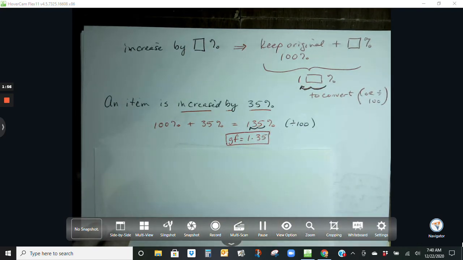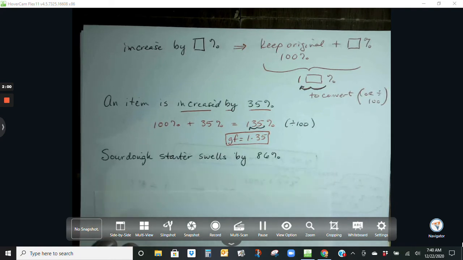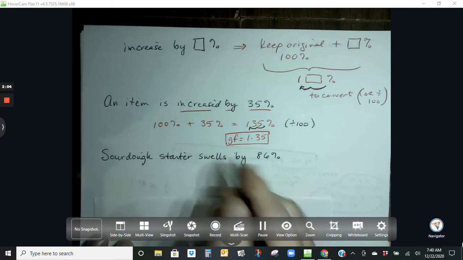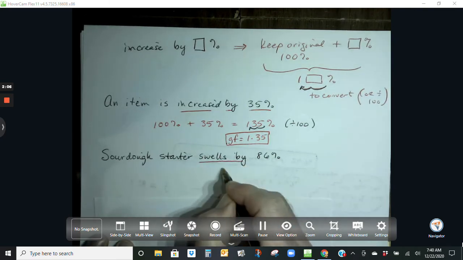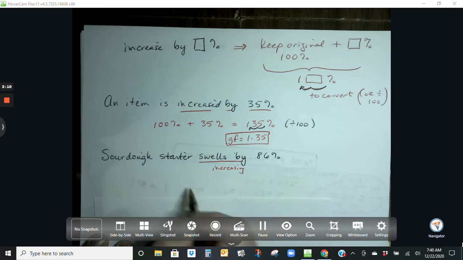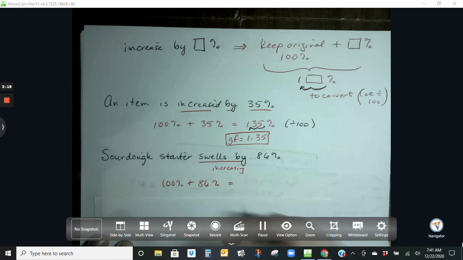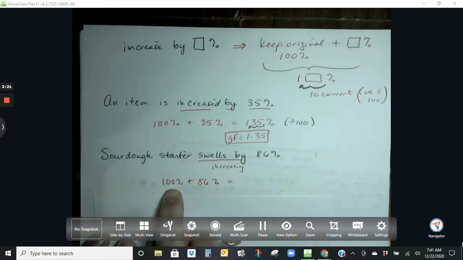Okay. The next problem. A sourdough starter swells by 86%. So again, if it's swelling, that means it's increasing. So we're keeping what we had, 100%, plus we're increasing by 86%. So this 100% always is how much we started with.